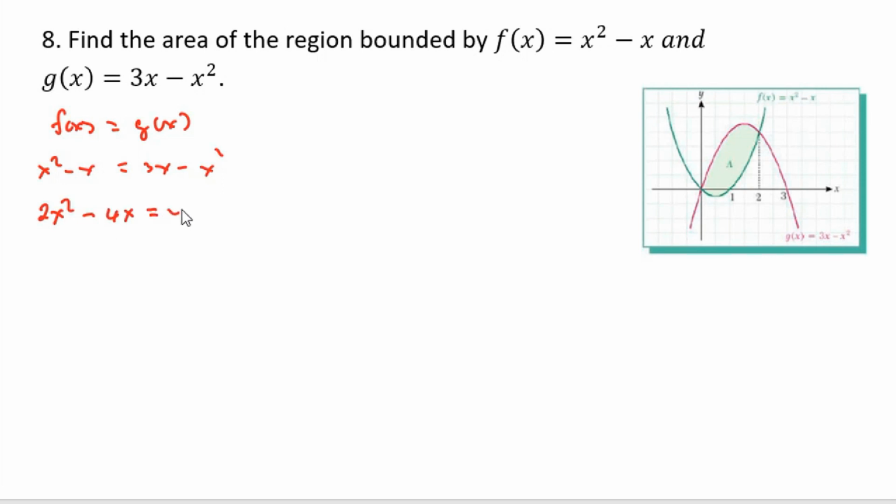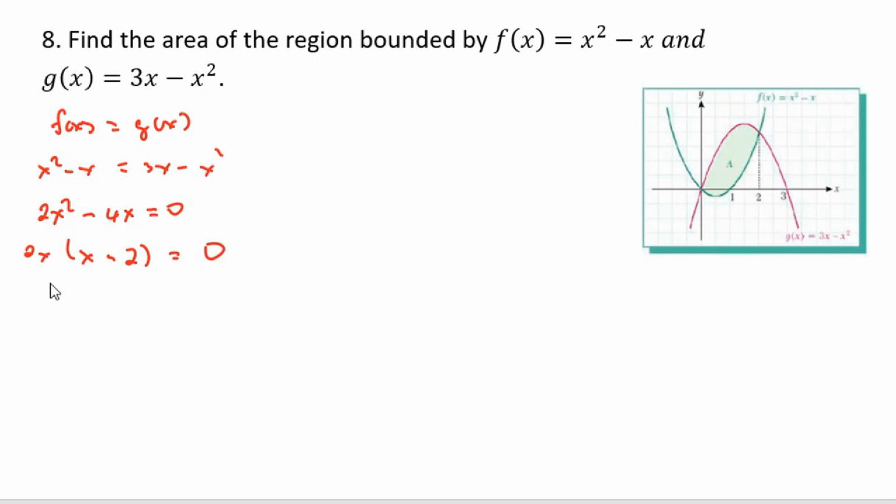is equal to 0. Since there are only two terms, we could say that there is a common factor of 2x, so 2x is a common factor and divide. That is now 2x squared divided by 2x is equal to x, minus 4x divided by 2x, we have negative 2 is equal to 0.